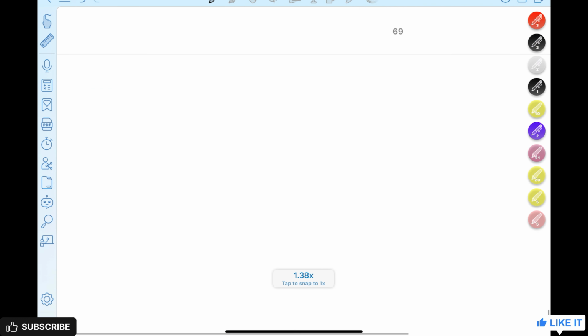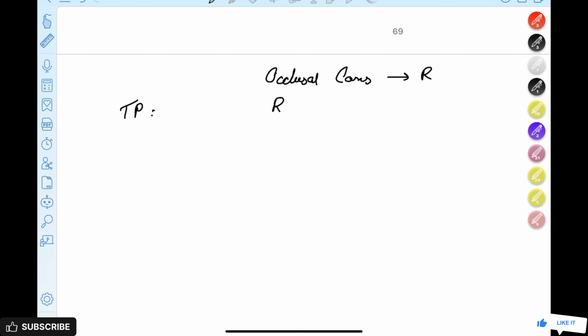Imagine this is a treatment plan and the person has occlusal caries. Occlusal caries comes in the restorative phase. RCT comes in the surgical phase. Extraction comes in the surgical phase.